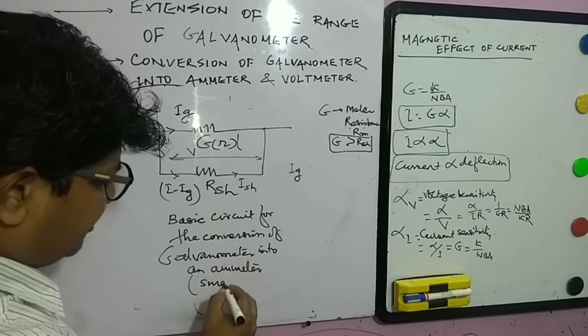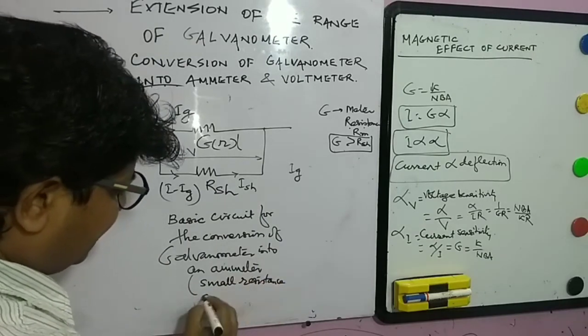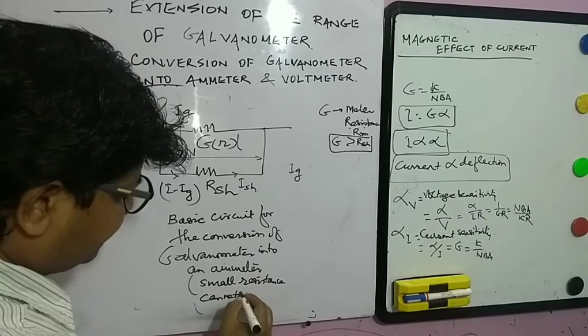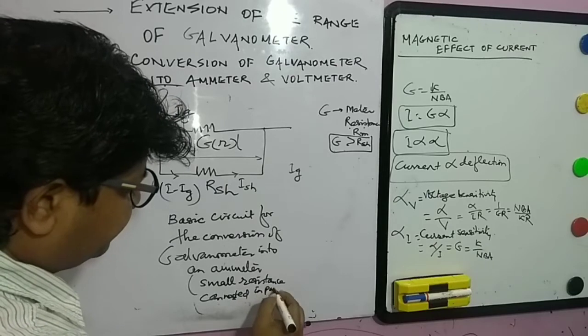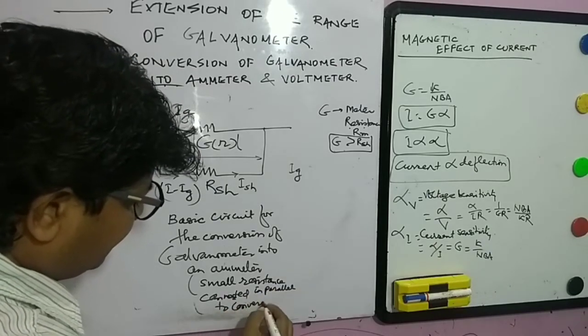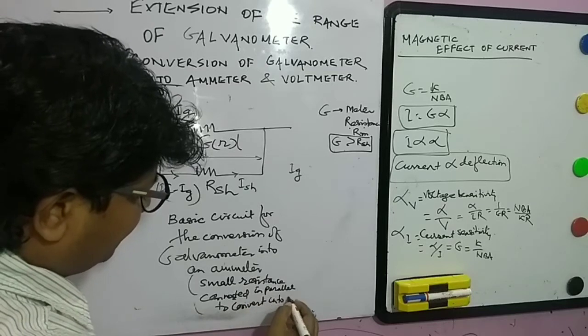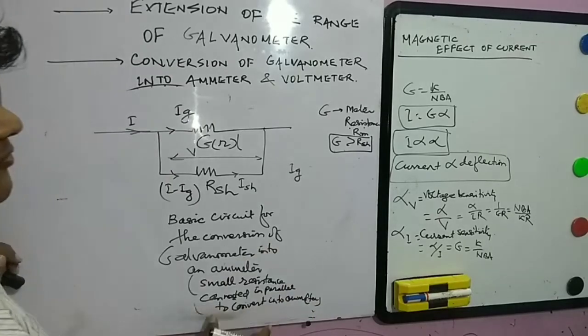So a small resistance connected in parallel converts a galvanometer into an ammeter. This is also the definition.